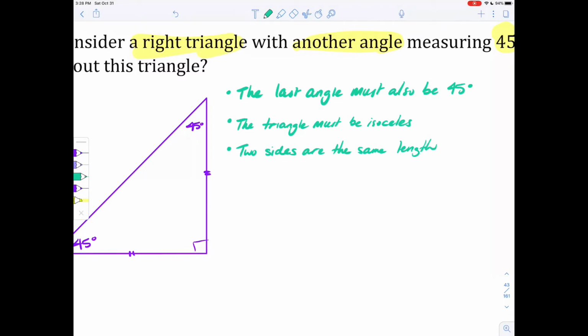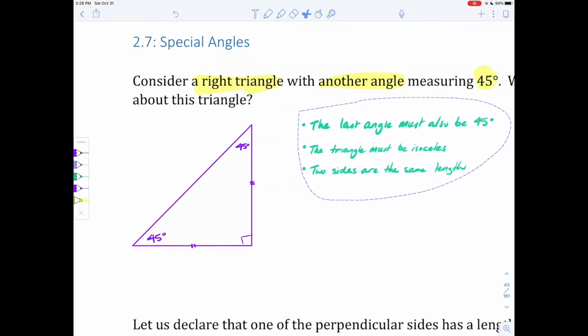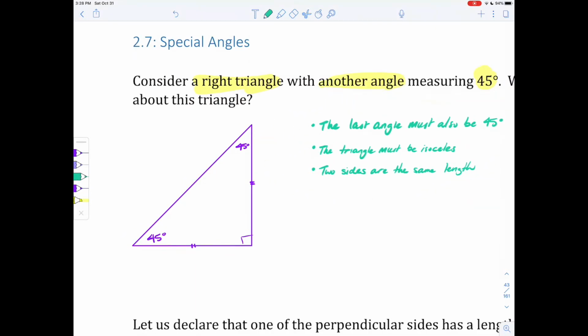When we look at how that affects this triangle, it means we can pretend we're dealing with specific side lengths here. For example, I could say this is 7 and this is 7 because they'd have to be the same. Or this is 40 and this also has to be 40. Or this is 2 and this is 2.